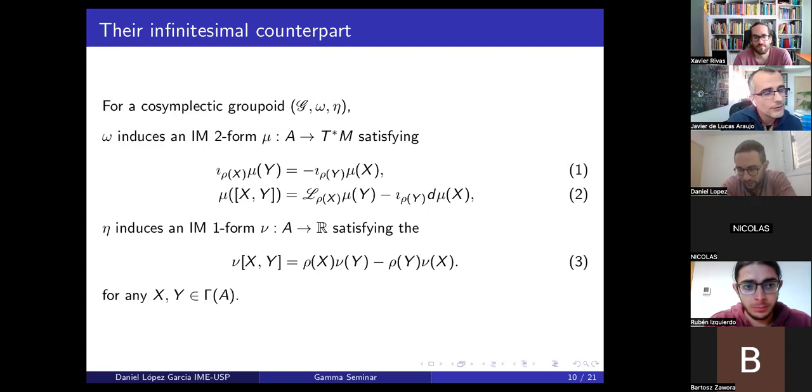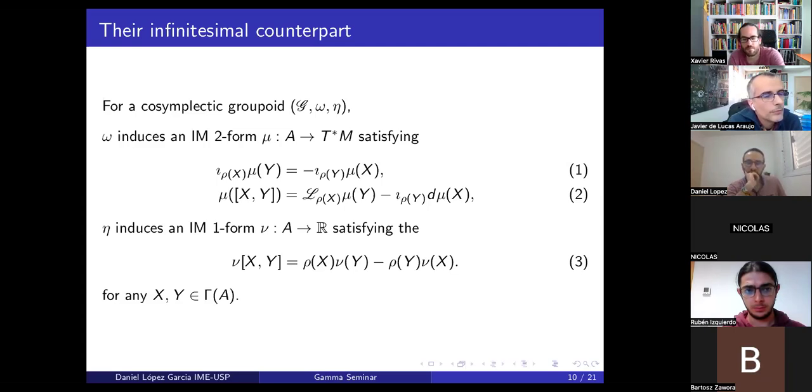But just to mention something, last week, some guys here in São Paulo, they are working on this contact structure on groupoids and some kind of reductions. But these are different techniques. Maybe it is possible to think of that from this perspective, but it's something that we have to think about for the future.